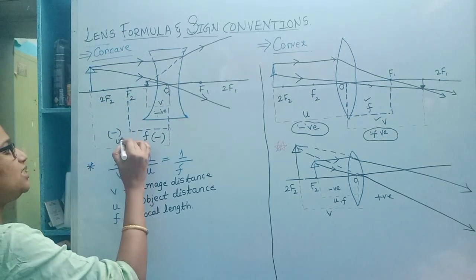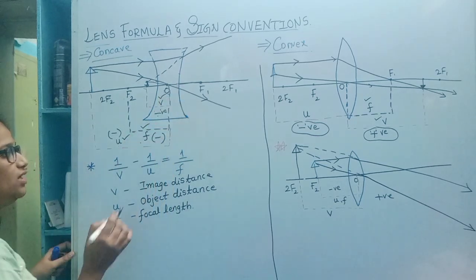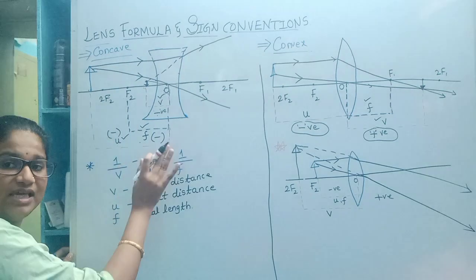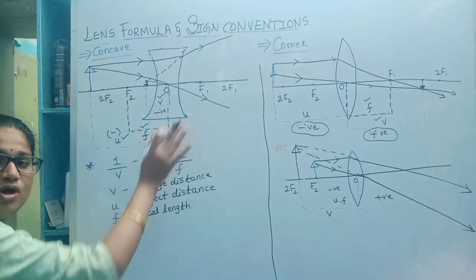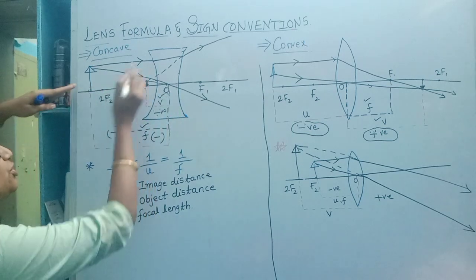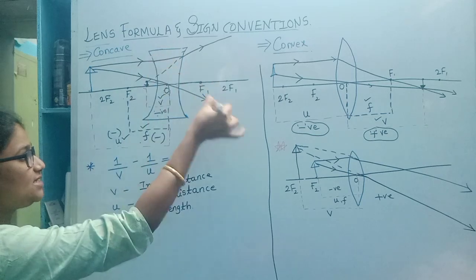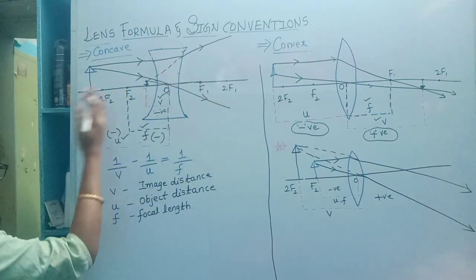When you see these three terms, object distance, image distance and focal length, all three values are in the direction against the direction of the incident ray. The incident ray is like this, but these are all on this side.